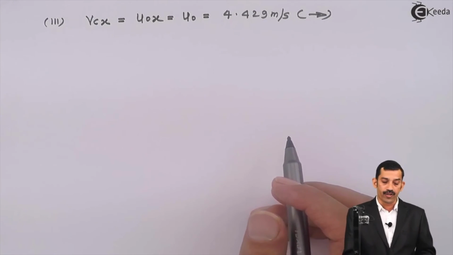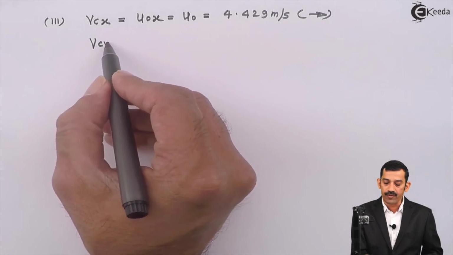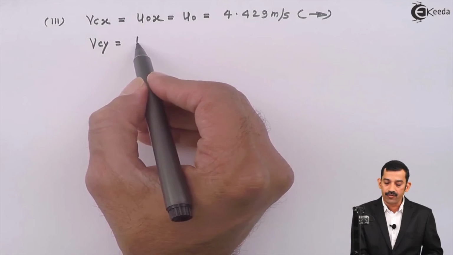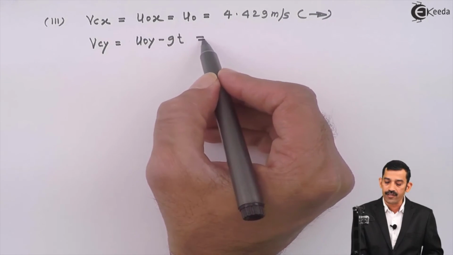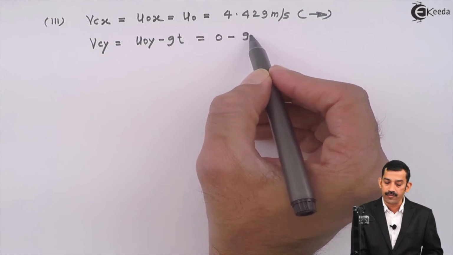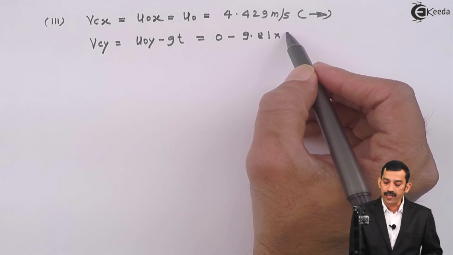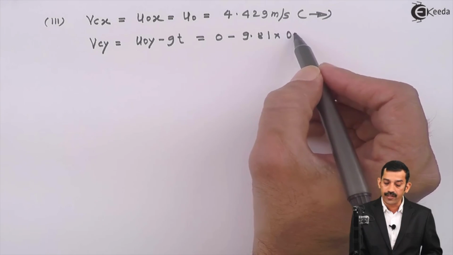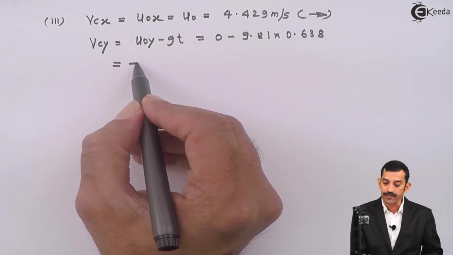To find the component of velocity in the vertical direction, the simple formula is Vy, meaning Vcy, equals u0y minus gt. You know the u0y term is 0, minus 9.81 into the time t. Time t is already calculated, 0.638, but the answer comes out to be negative.